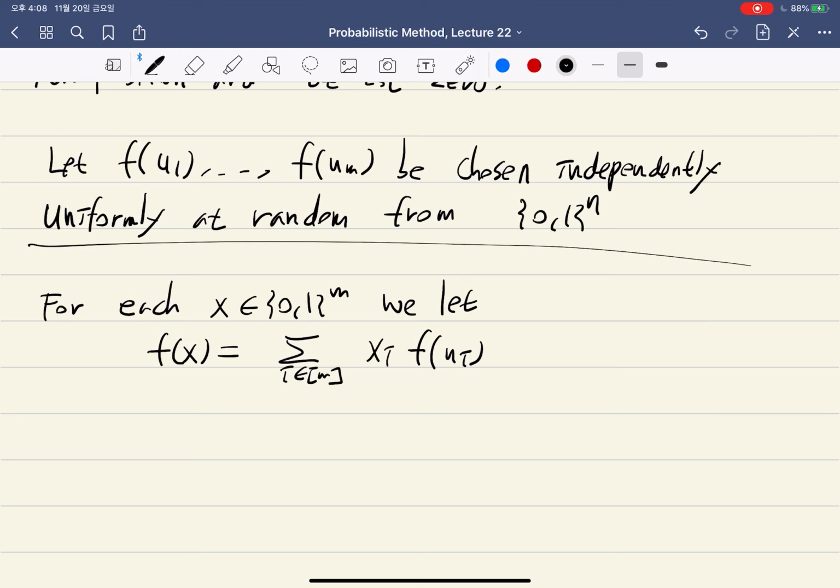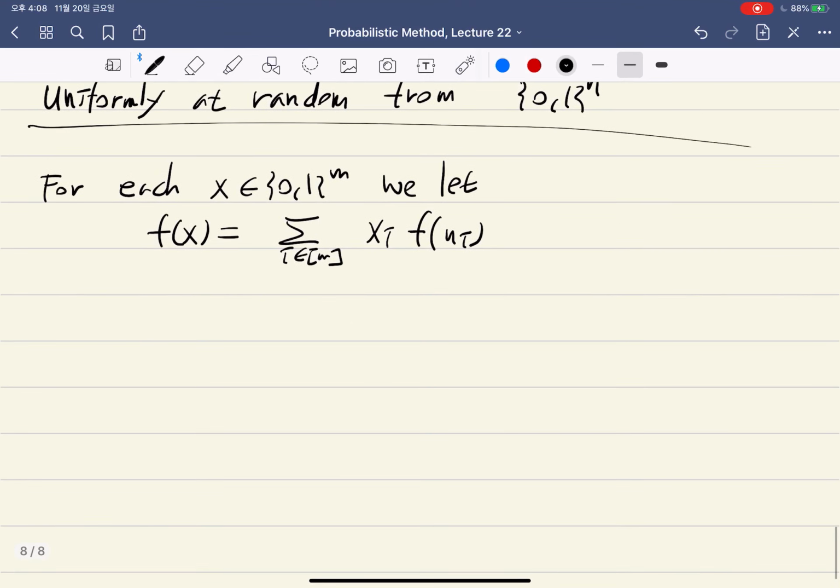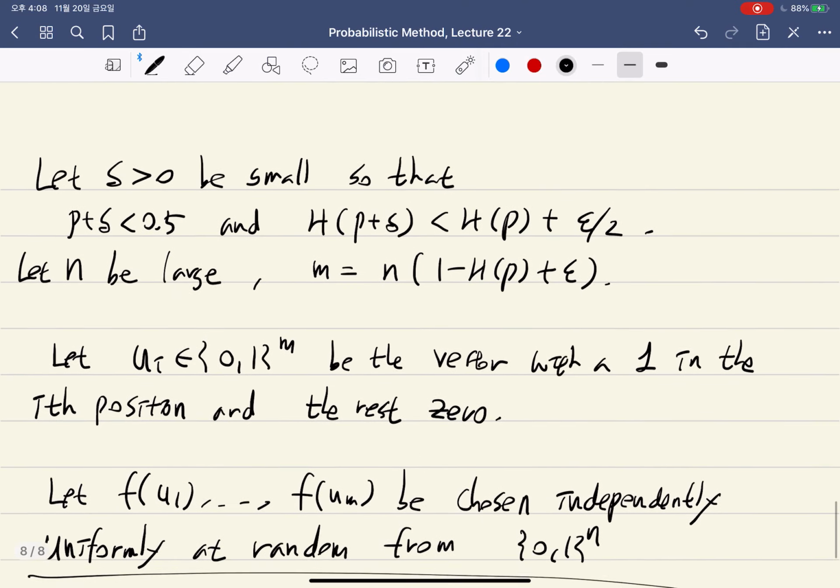Then this defines a group code. Now we need to define a decoding function. What would you do?